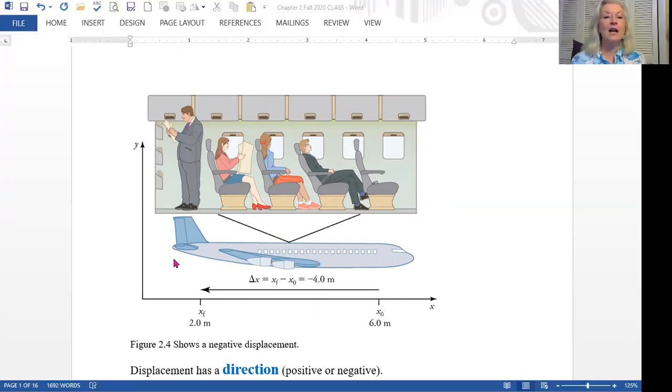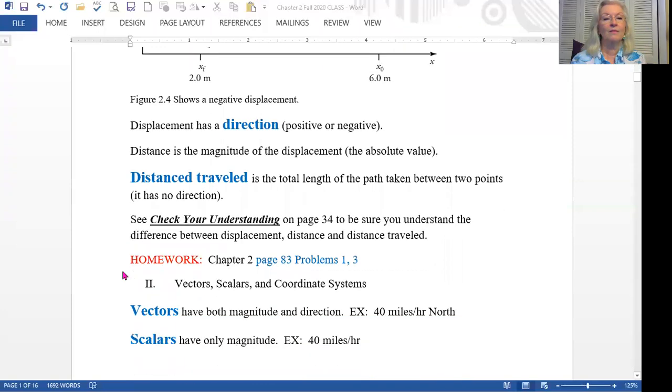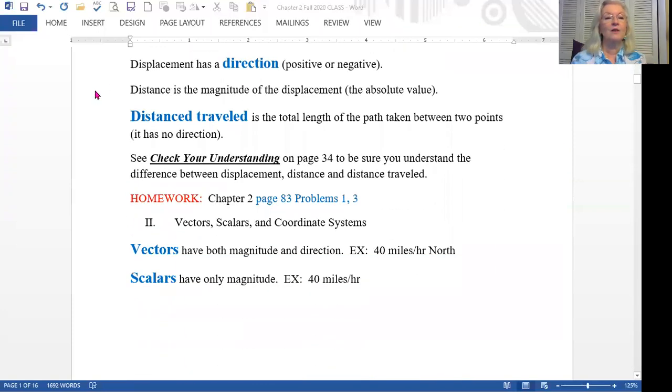The minus sign, unlike money, tells us a direction. So we will always start our problems defining a positive direction and a negative direction. So displacement's got a direction, positive or negative, and this all depends on where you chose to have your origin.